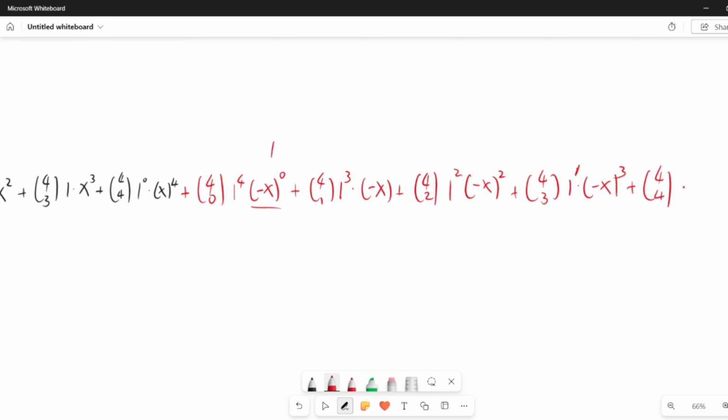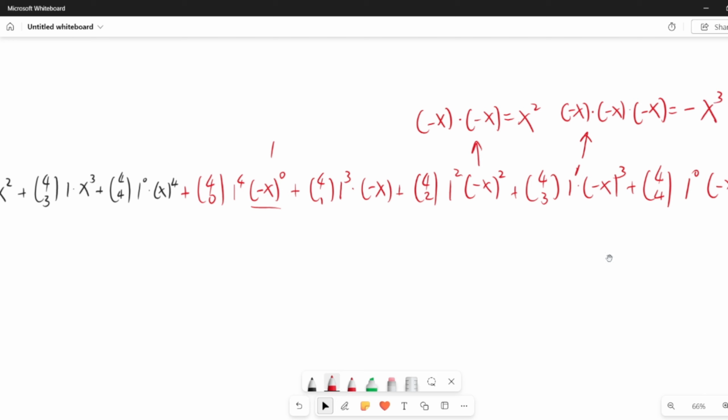So in terms of these calculations, for example, in here, you should know that minus x squared is actually minus x times minus x, and that should give you x squared. However, in here, that's minus x times minus x times minus x, so that's actually minus x to the power of 3.